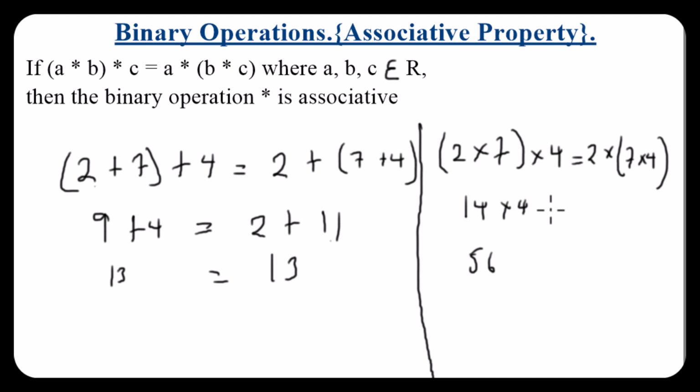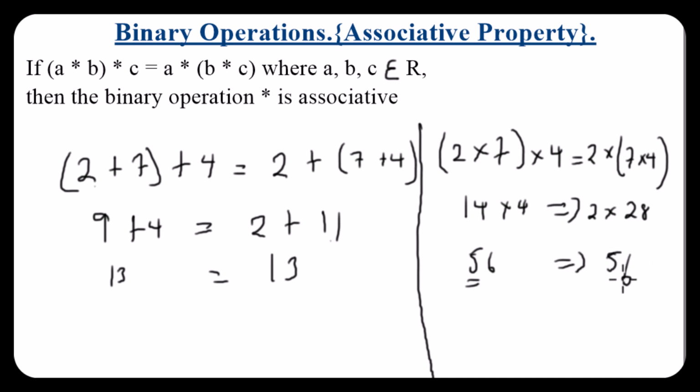Let's look at the expression on the right hand side and see whether we have the same answer. If we have the same answer, then we can come to the conclusion that multiplication of real numbers is associative. Let's see what we're having. Again, start with the brackets. 7 times 4 gives us 28. And then 2 times 28 should be 56 also.